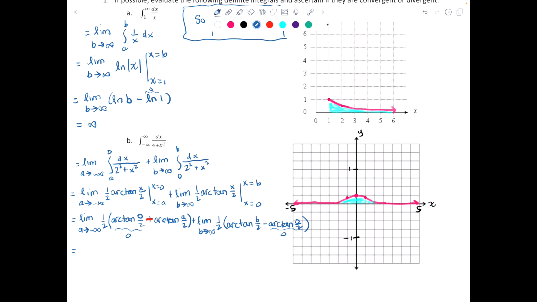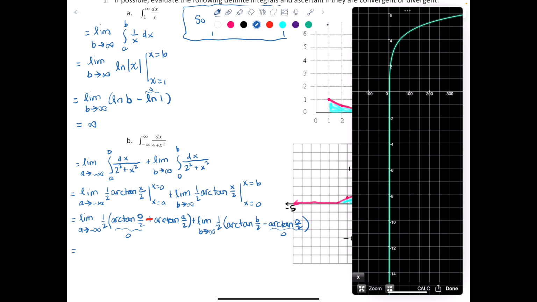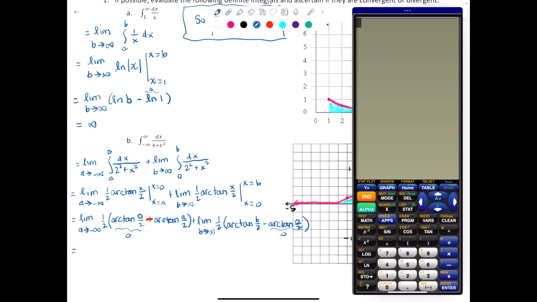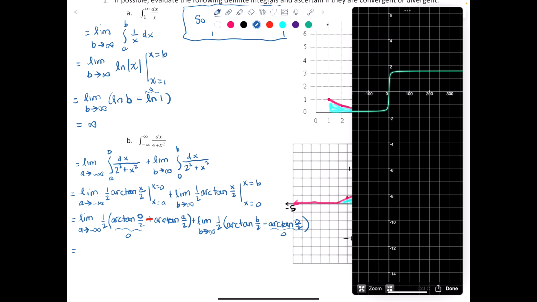the arctangent graph. Here, just in case you didn't remember it from Calc 1, if we go to y equals, clear out, and graph the inverse tangent of x over 2, let's see what's happening.